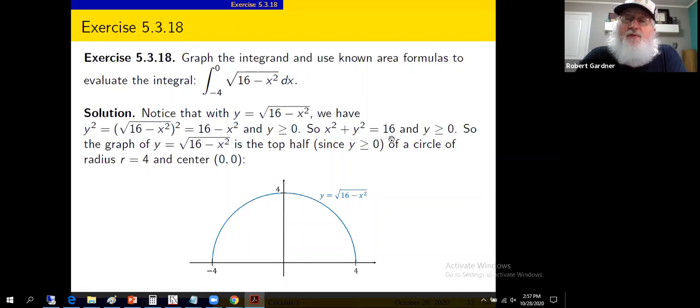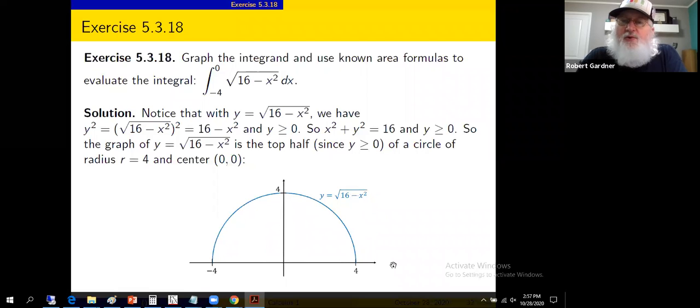That's the equation of a circle with center 0 and radius square root of 16, radius 4. So what we get for the graph of y equals the square root of 16 minus x squared is a circle of radius 4 centered at the origin with the added condition that y is greater than or equal to 0. Actually, we don't get the circle, we get the semicircle. So we get this semicircle.